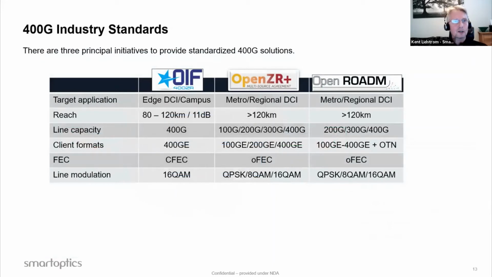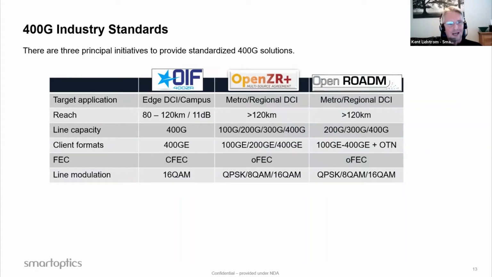So if we look at the industry standards or initiatives around open pluggable coherent 400 gig, we have the first one called OIF 400ZR. That was the first one driven by the data center guys. It's designed for point-to-point application primarily, with an optical reach between 80 to 120 kilometers or more, and if you run it in passive networks, 11 dB.